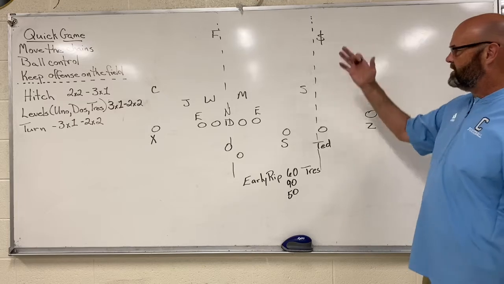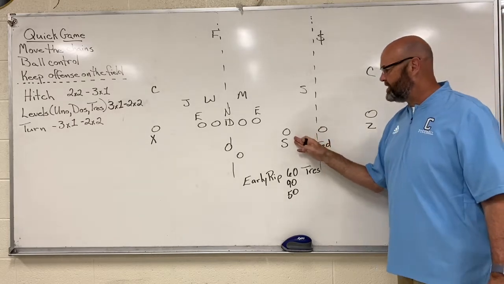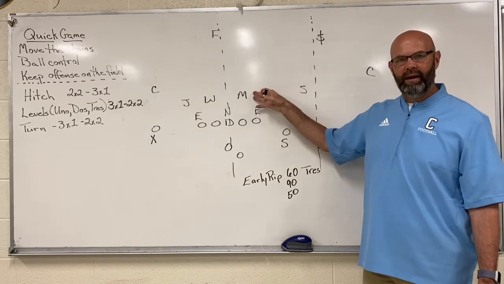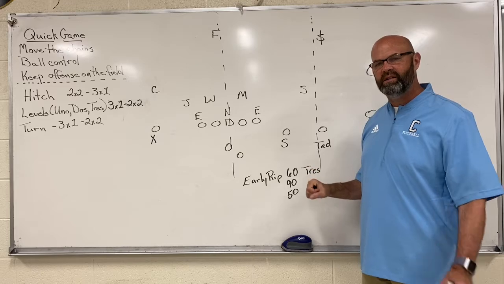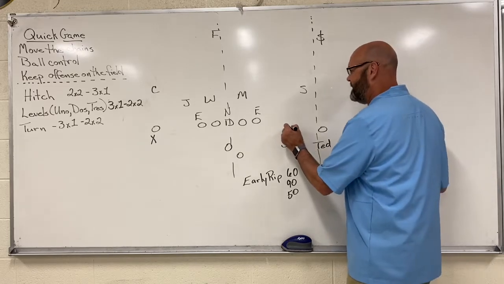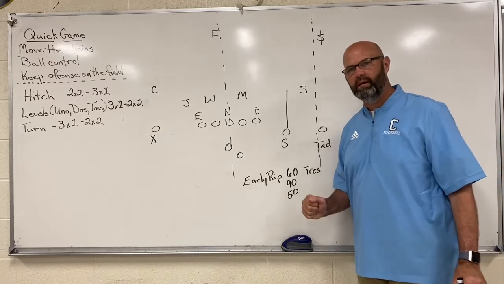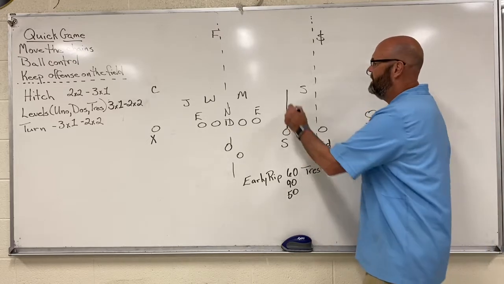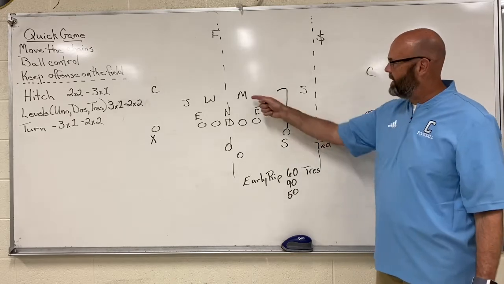All right, so let's look at what we have here. When we run trace, we want the slot attacking the linebackers in the box. He will run a five-step stem with great speed, and then drop his hips, and he will attack the linebacker nearest to him.